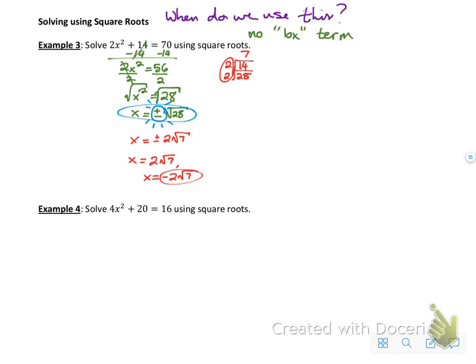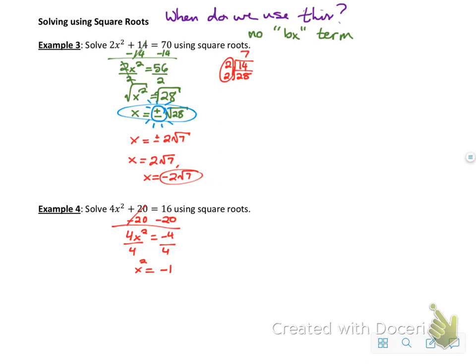There's no middle term in there, so we can just solve for x the way that we know how to do. So the first thing we need to do is subtract 20. 4x squared equals negative 4. Alright, well x squared is still not by itself, so we need to divide by 4. So that x squared equals negative 1.